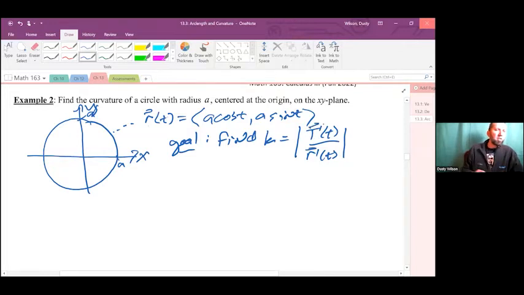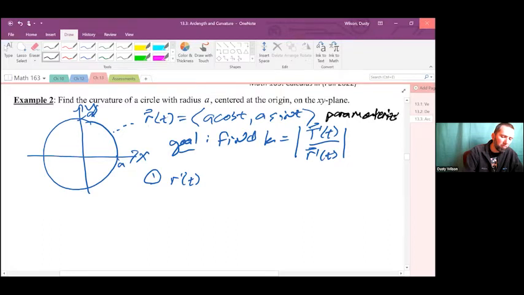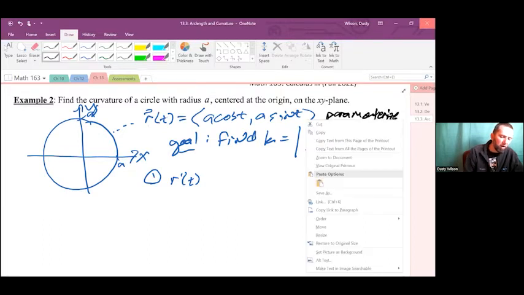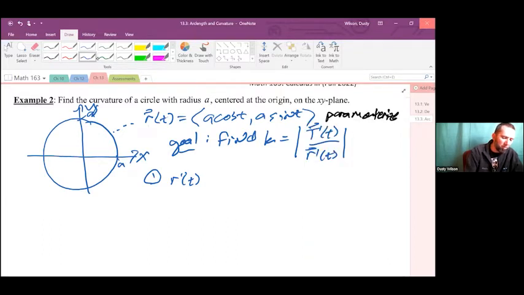Well, whether we need T prime or r prime, we're going to have to start by finding r prime. First we parameterized, so we parameterized before anything. Now we're trying to find r prime of t.